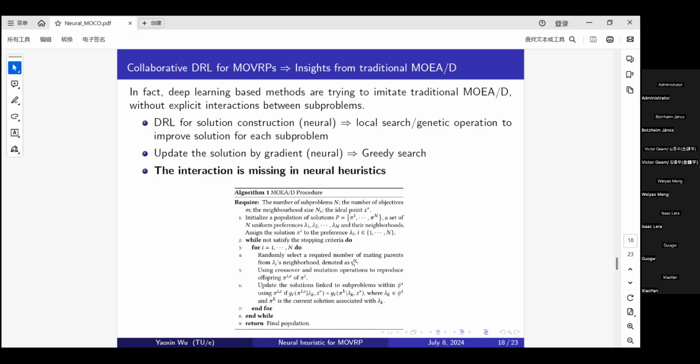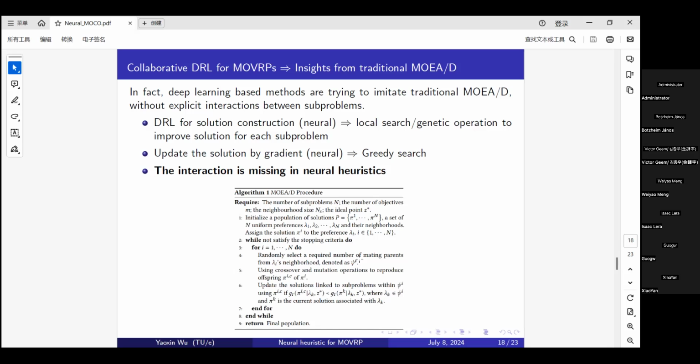The traditional MOVRP methods also apply the solution of each single objective vehicle routing problem to other single objective vehicle routing problems in a neighborhood. The logic is that if the preference vectors are similar, the subproblems, the single objective vehicle routing problems, may share some similar problem structure.